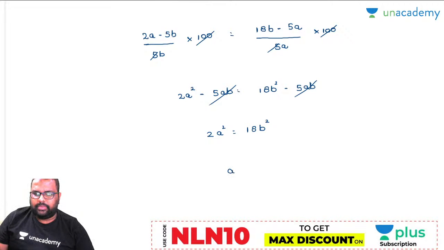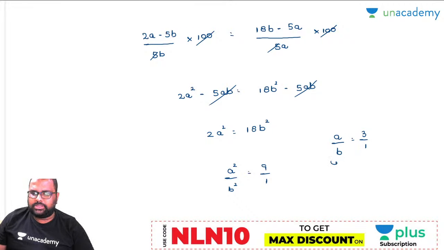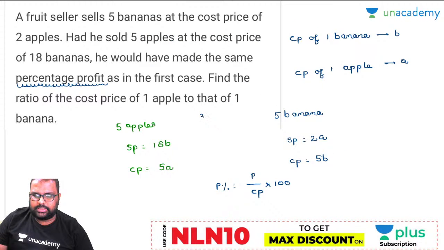Now A square by B square is equal to how much? Is it 9 by 1? And your A by B is equal to how much? Is it 3:1? Yes, and this is the question asked. Cost price of one apple to cost price of one banana is equal to 3:1. Is this your answer there? Yes, perfectly. This is the answer.